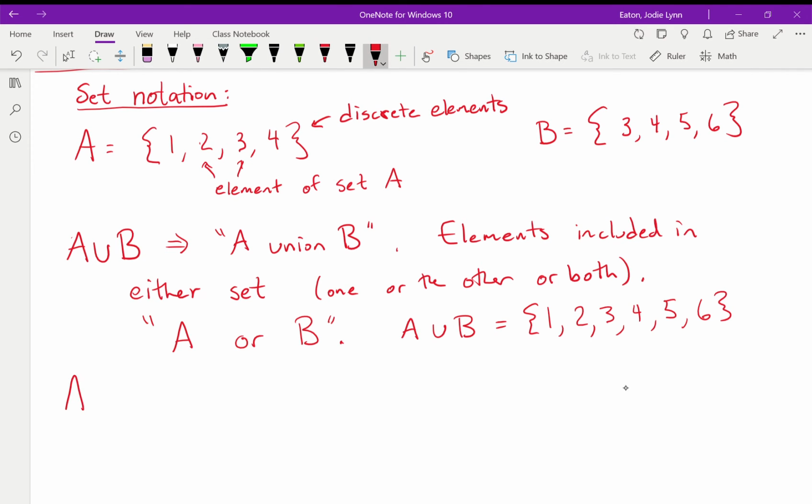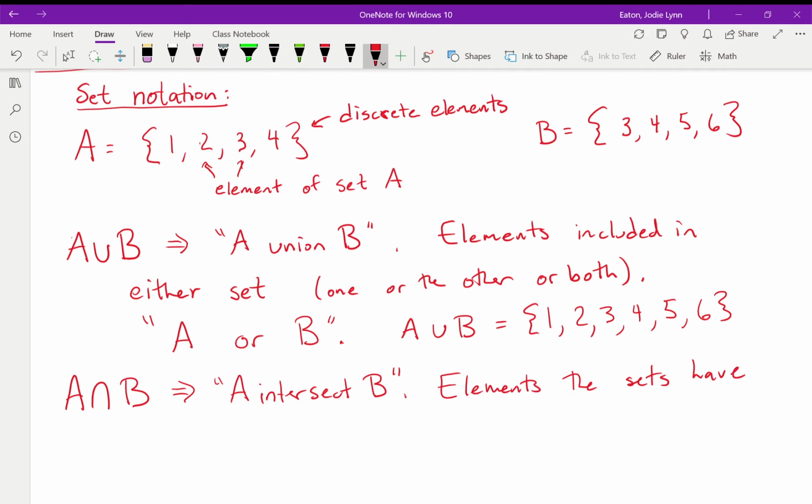So now we have A intersect B. We say A intersect B in words when we see that symbol. And this consists of elements the sets have in common. So they must appear in both sets.